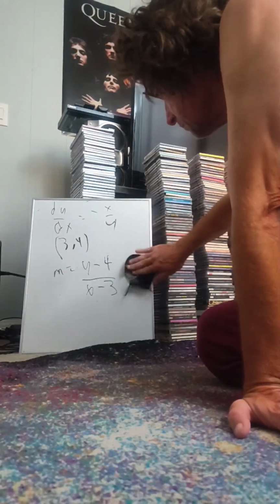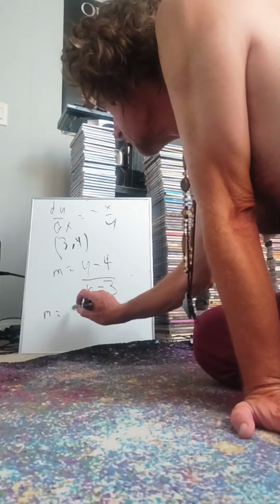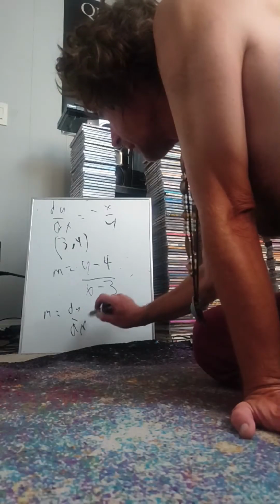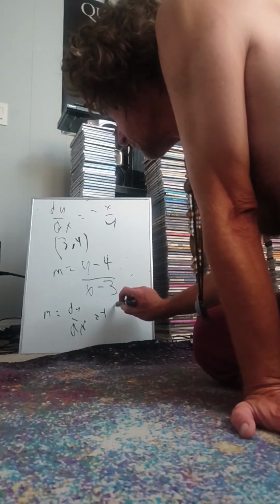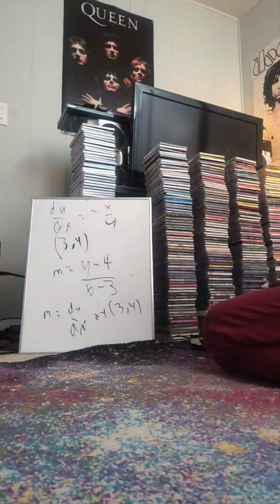But what is m? M equals dy dx at 3, 4. That's what m is. Fair enough.